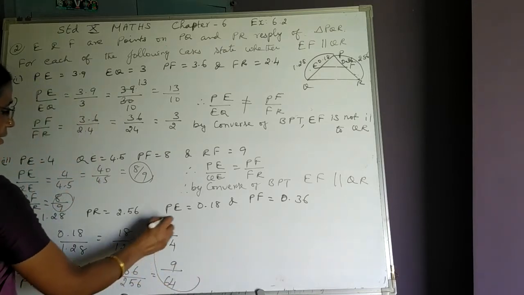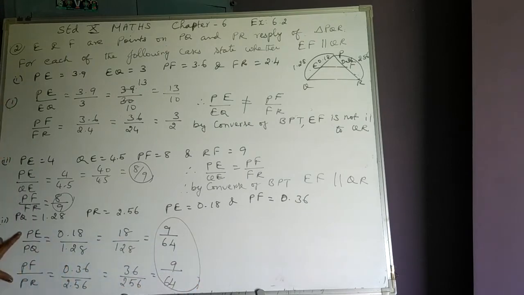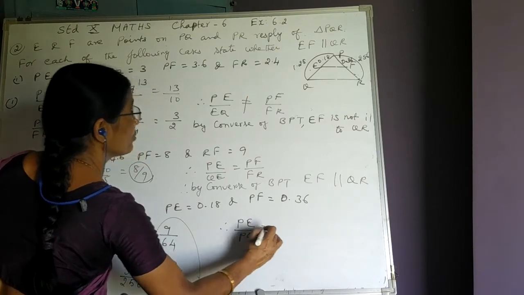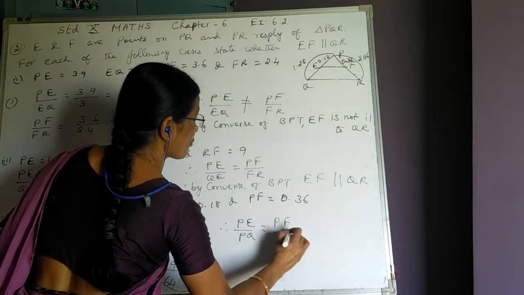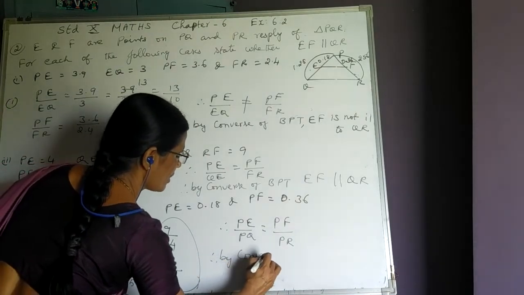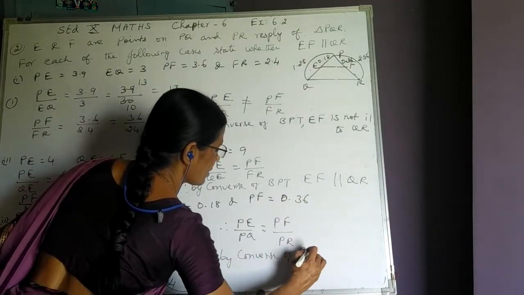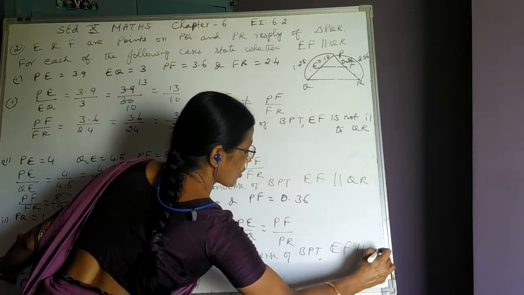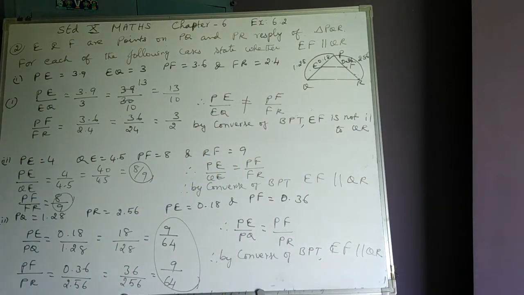Here also we are getting the answers equal. So which two answers did we get equal? PE upon PQ is equal to PF upon PR. Therefore, by the converse of the BPT theorem, you get EF is parallel to what? Parallel to QR.